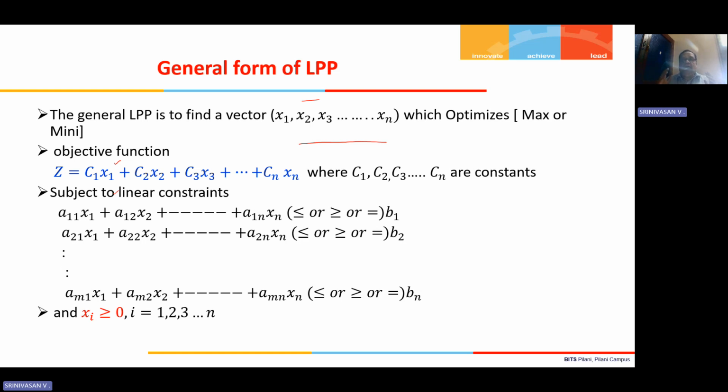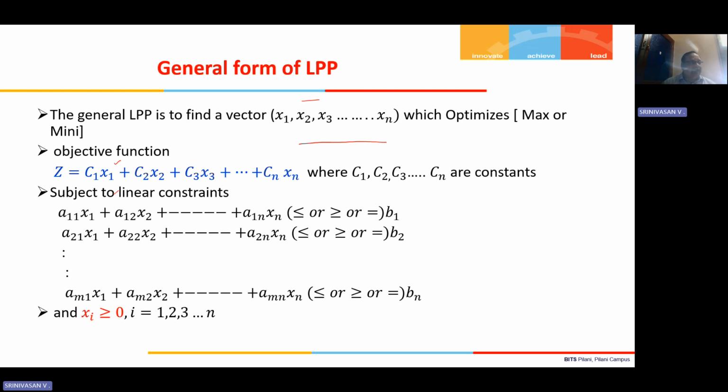You know very well, the solution is obtained from the matrix equation AX equal to B. Capital A stands for the matrix of coefficients, which are usually written in simple form as aij, where i stands for rows and j stands for columns. If you expand, you will write capital A equal to a11, a12, etc., a1n, a21, a22, etc., a2n, etc., am1, am2, etc., amn.